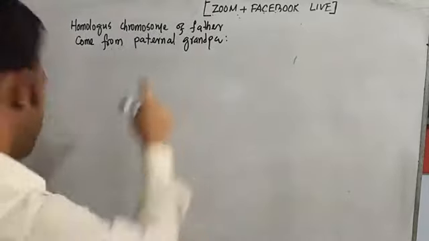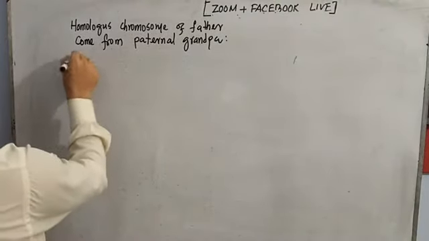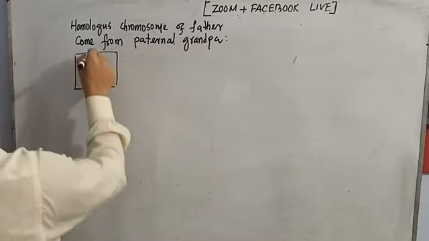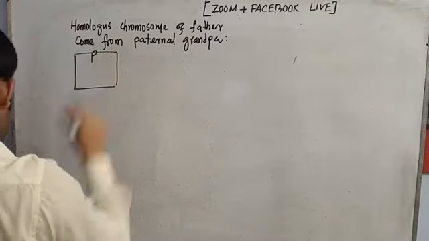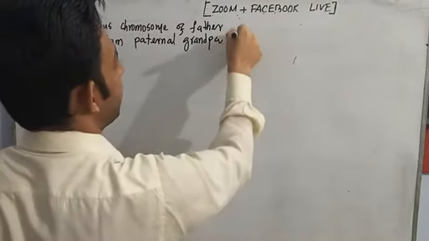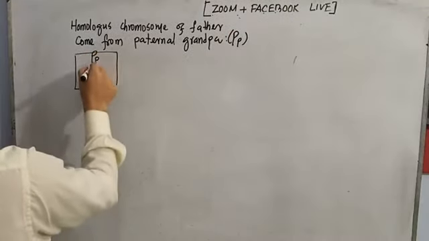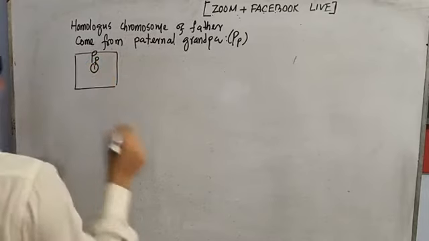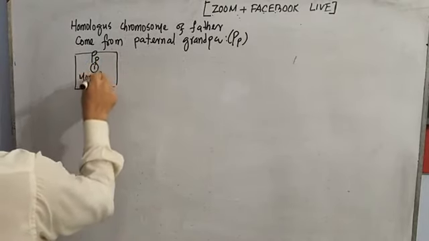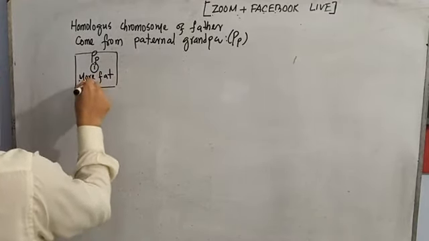Okay, there are some features mentioned there. We will go through some boxes. The first box I will draw here, PP1. This is paternal features PP1: more fat in blood.